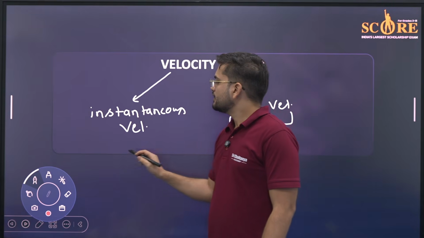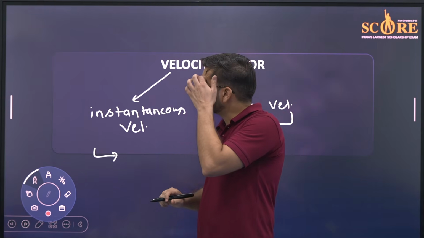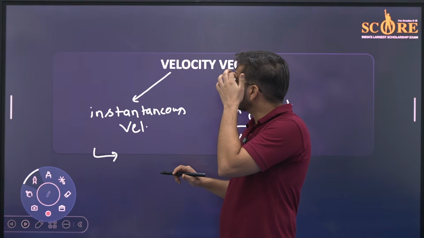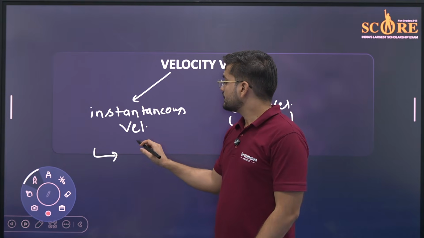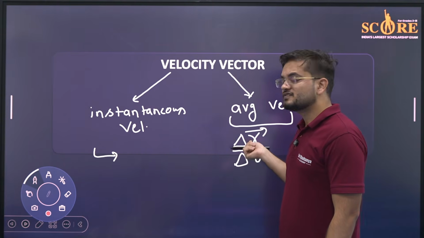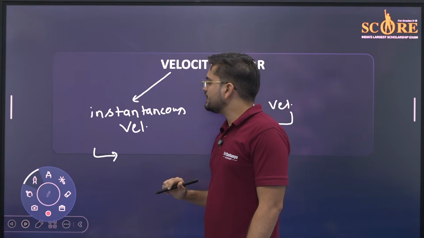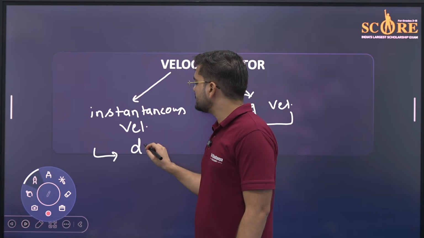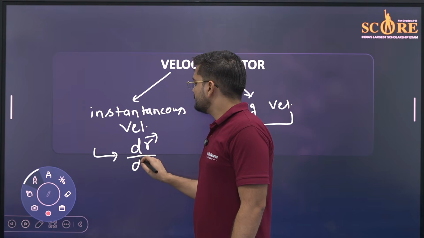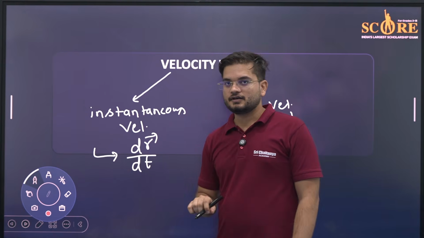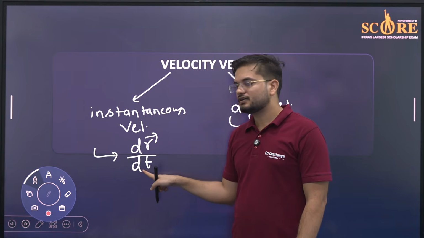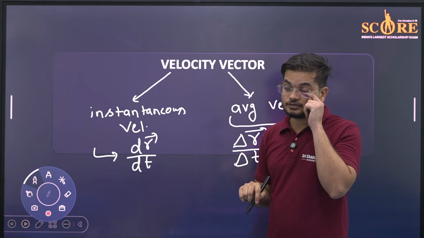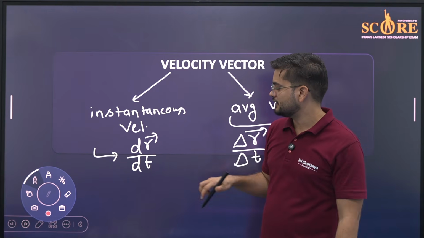Clear? For instantaneous velocity, we use the differentiation of position vector with respect to time.